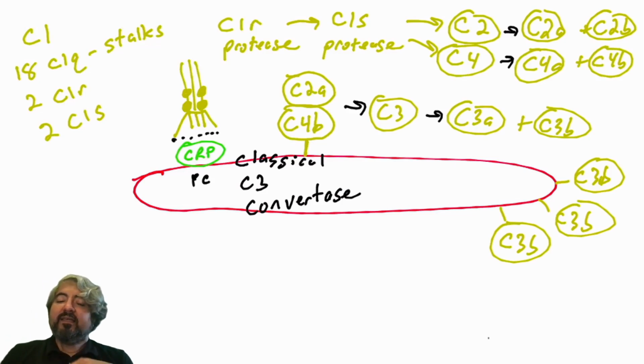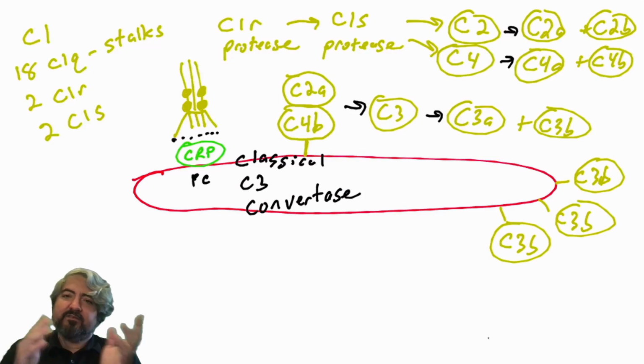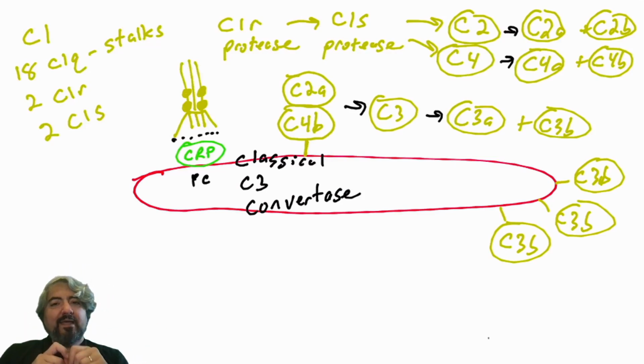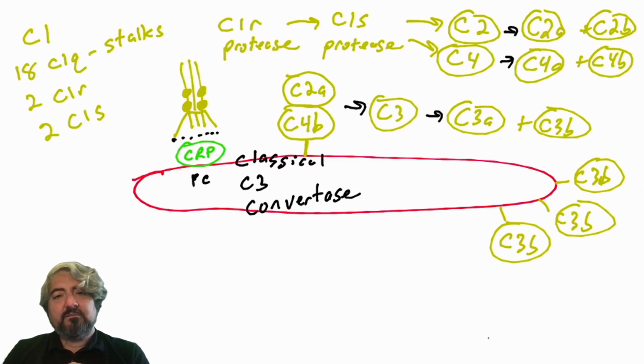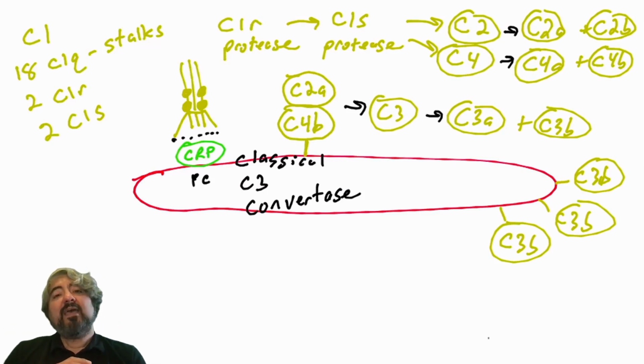C3a, we recall, is an anaphylatoxin. It can induce inflammatory responses, so we've got inflammation going on here. I will mention that C4a, which I sort of skipped over when C4 got cleaved into C4a and C4b, is another anaphylatoxin. Not as powerful as C3a or C5a, but it's an anaphylatoxin.